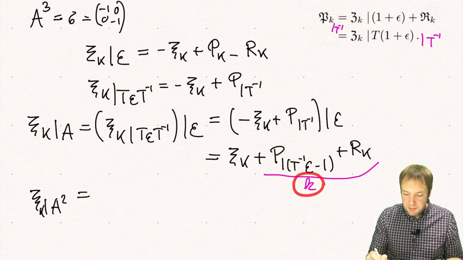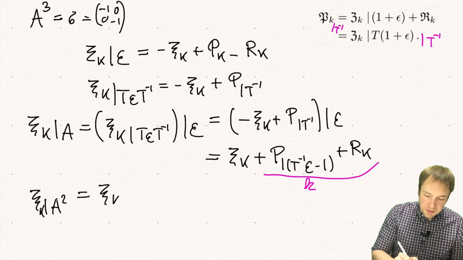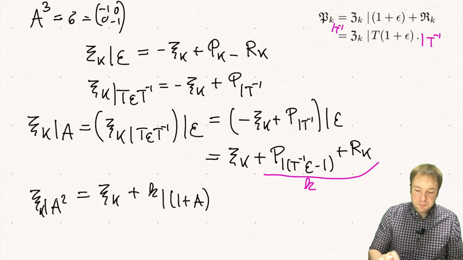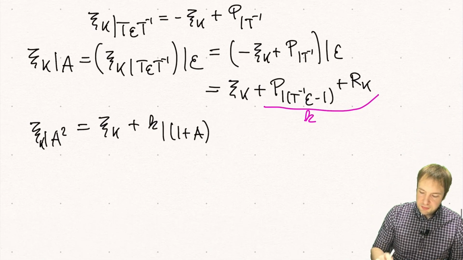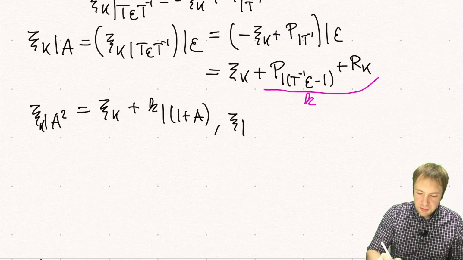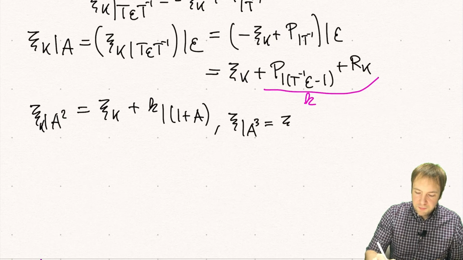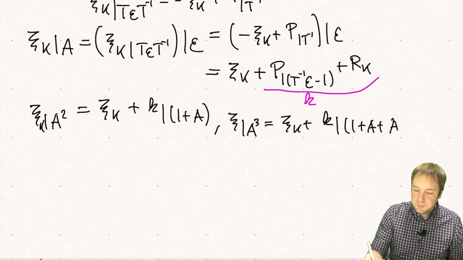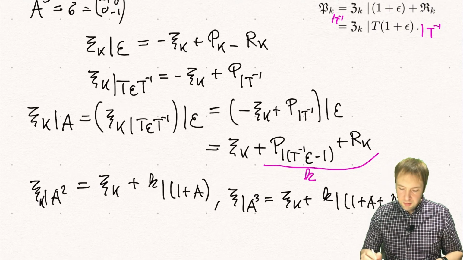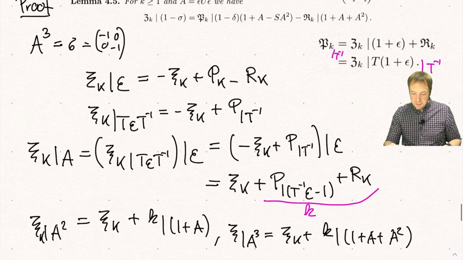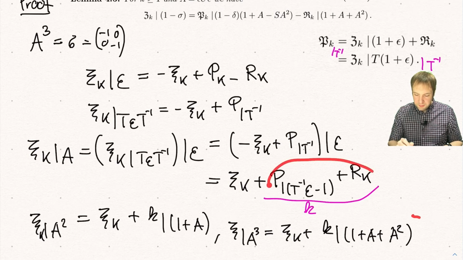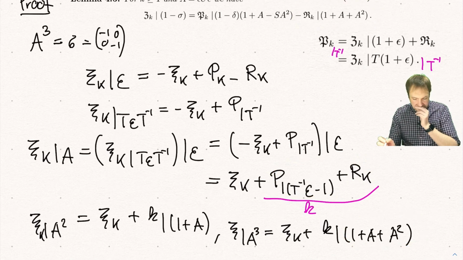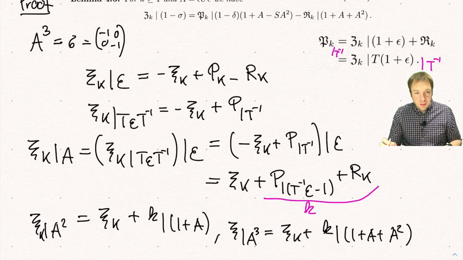But I also have this kappa with the A. So this is zk plus kappa times 1 plus A. And therefore, if I apply it again, zk A cube, I have zk plus kappa times 1 plus A squared. And this is almost the lemma, because here now this kappa is rk and this thing here, so this gives exactly this part there.